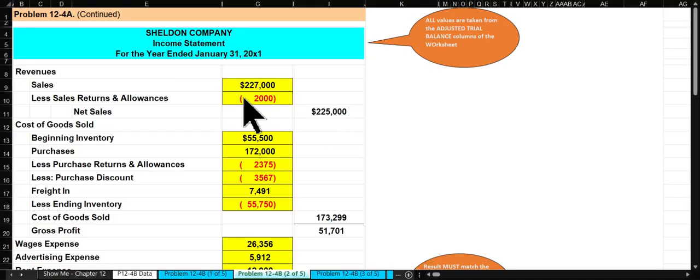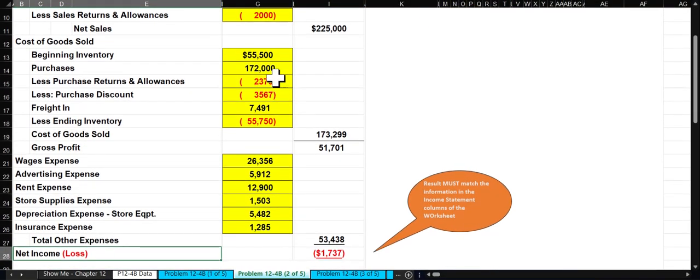You see the revenue, subtract the returns, we have net, and we take our beginning inventory, add the purchases, subtract the returns and discounts, add the freight, and that would give us what is called goods available for sale.